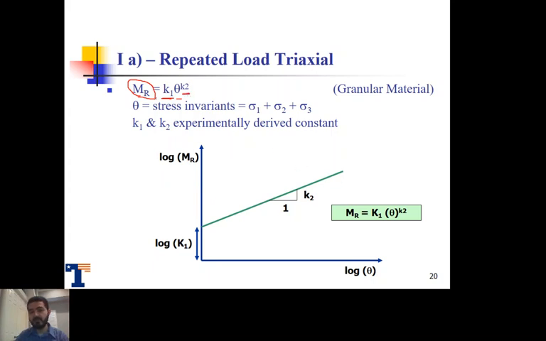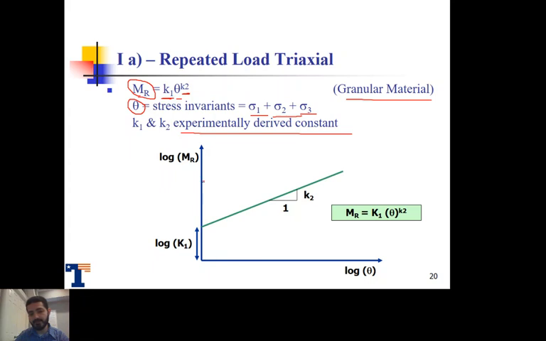By the way, this relationship is for granular materials. K1 and K2 are experimentally derived constants, which we're going to see how to obtain. But theta, I want to stress this, is sigma 1 plus sigma 2 plus sigma 3. This is the stress invariant. And again, K1 and K2 will be obtained from the graph.